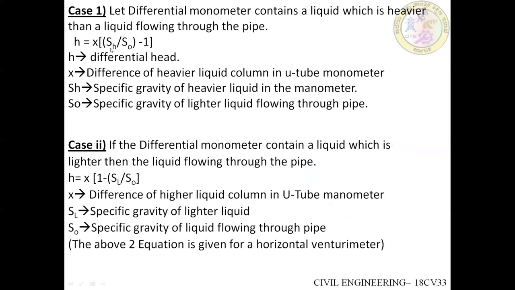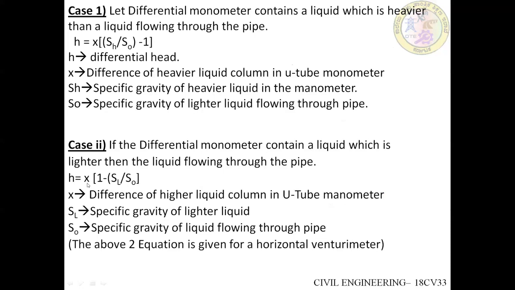Sh is the specific gravity of the heavier liquid, which is usually mercury, and So is the specific gravity of the lighter liquid flowing through the pipe. In case 2, if the differential manometer contains a lighter liquid than the liquid flowing through the pipe, then you can use this equation to calculate h: h is equal to x into (1 minus Sl by So).